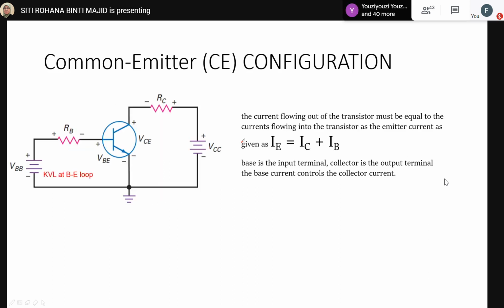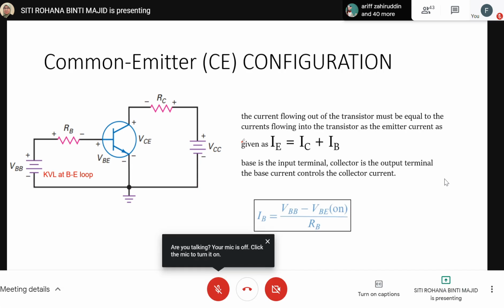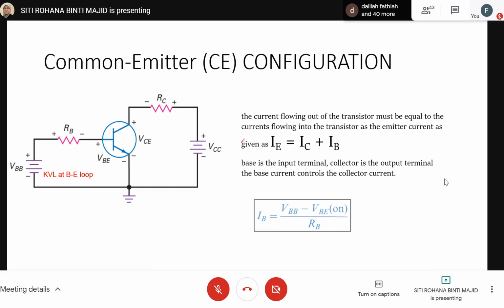For the first loop, the input loop, we have KVL, Kirchhoff voltage law. At the BE, we get IB equals VBB minus VBE on over RB. VBE on is 0.7 volt for silicon, and VBB is the source, and then you get the value of IB across this resistor.